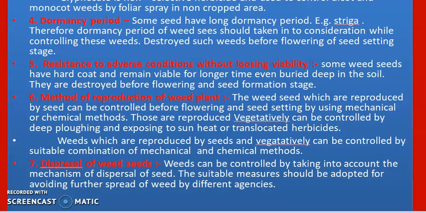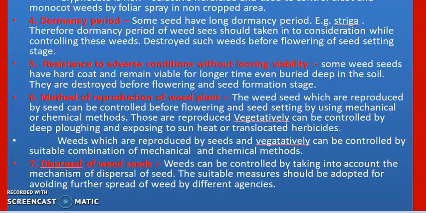Some weed seeds have a special structure, like a balloon or spongy, and they are light-weighted, so they are easily spread through the wind. So these types of weeds are also controlled before the flowering stage, and they can be effectively controlled.